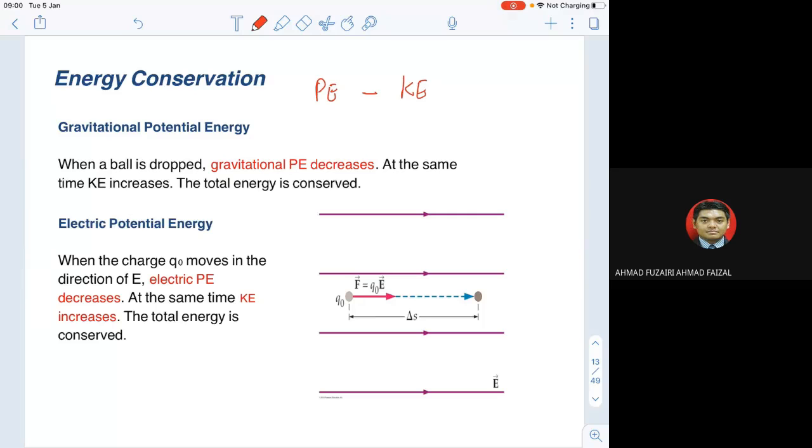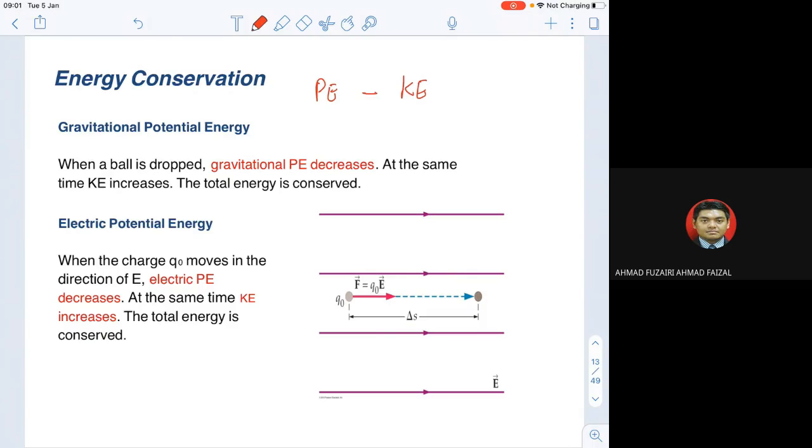So when something decreases, something will increase. Potential energy and kinetic energy are complementary to each other, and overall this is how the total energy is conserved. The value of energy is still the same, but it has been transferred from potential to kinetic.